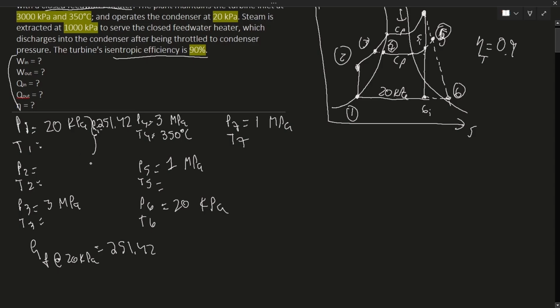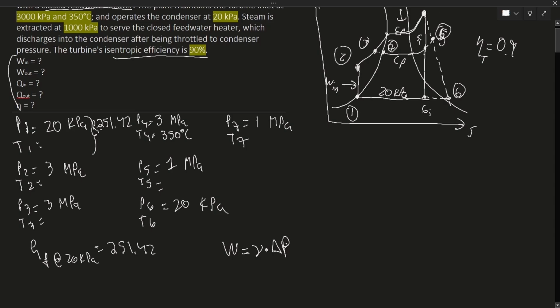Next, to find point 2, you don't have the pressure or the temperature. You do know over here it's a straight line, so there's work being involved. You have to use the work equation, which is equal to the specific volume times the pressure difference. Actually, technically, you do have the pressure. It's over here, 3 MPa. Keep in mind that wherever you see a curved line, there's heat being involved, and you're assuming no work is done.